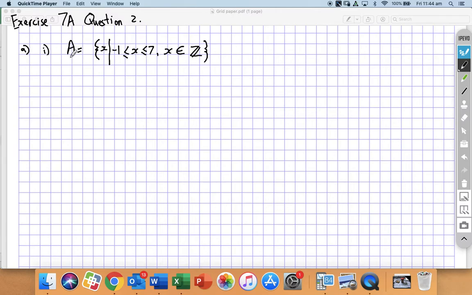It's saying I've got this set A, and that's equal to the set of, so these brackets mean that we have a set.